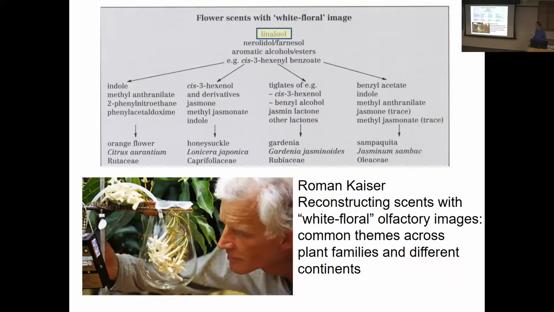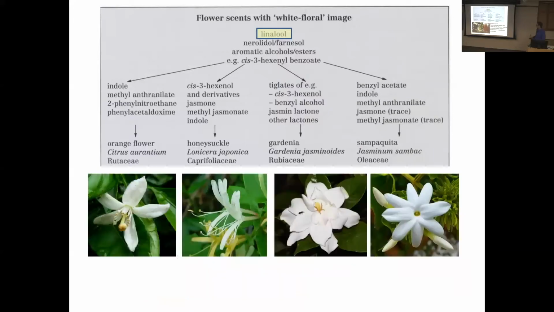So what Roman Kaiser did first is he hit all of the usual suspects for perfume. People like white night blooming flowers. They smell great. Coffee, citrus, honeysuckle, gardenia, jasmine, etc. Okay, and so he kind of did his own mental principal components analysis and found there's this guild across the planet of white semi-tropical night blooming plants that all smell like gardenias.